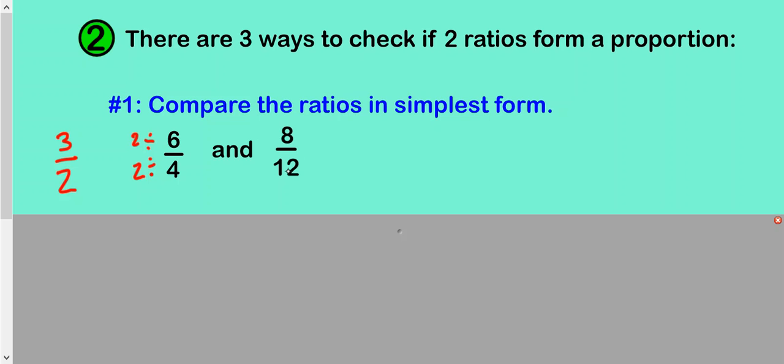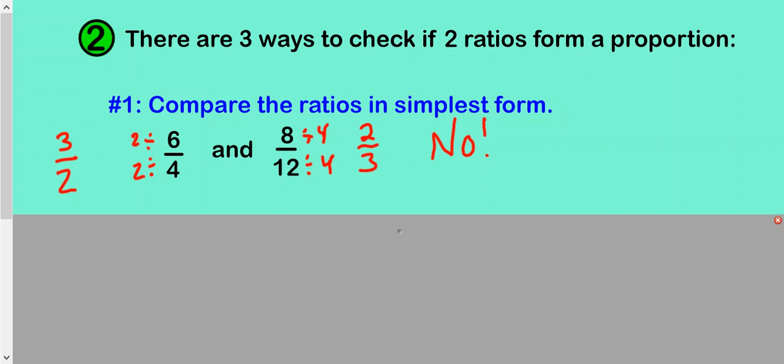And the second ratio we can divide by 4, and we get 2 over 3. And now they are in simplest form. And you can see quickly that 3 over 2 is not equal to 2 over 3. So these ratios would not form a proportion. So I'll put no here.